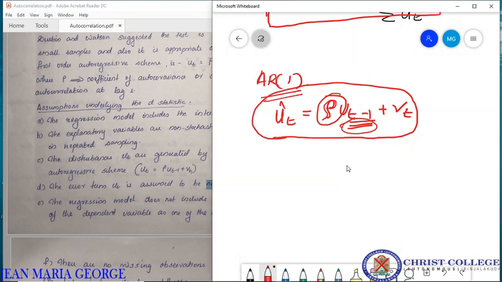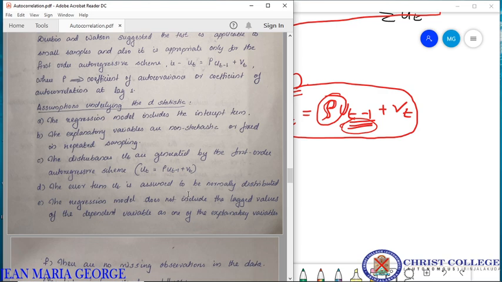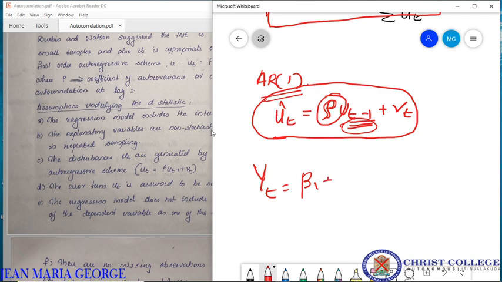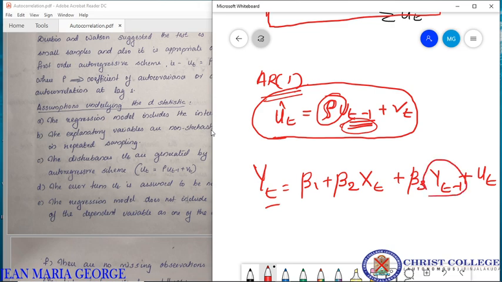There is no lagged value of the dependent variable present as an explanatory variable. So y t equal to beta 1 plus beta 2 x t plus beta 3 y t minus 1 plus u t, this type of equation will not exist. This is the dependent variable, and this is the lagged value of the dependent variable.